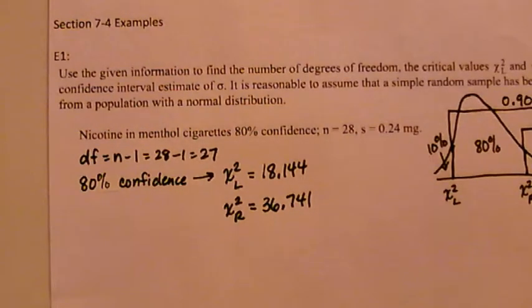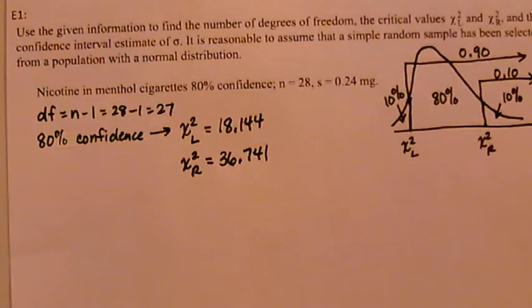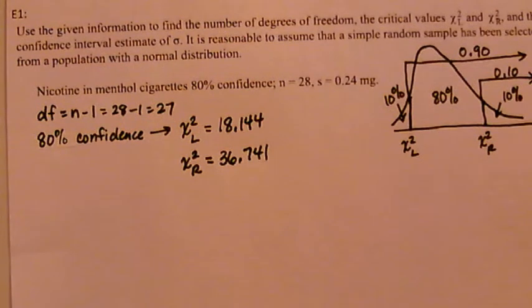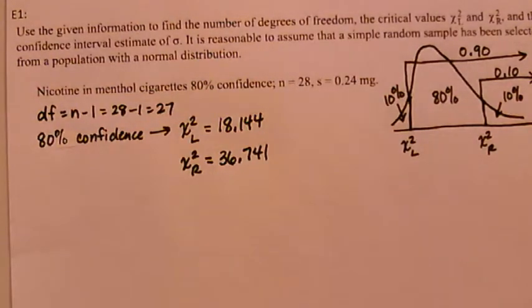Okay, so those are my chi-square values on the left and on the right using table A-4, or the chi-square distribution table. I have those, and I know what n-1 is, and I know what s is, which is just the standard deviation.